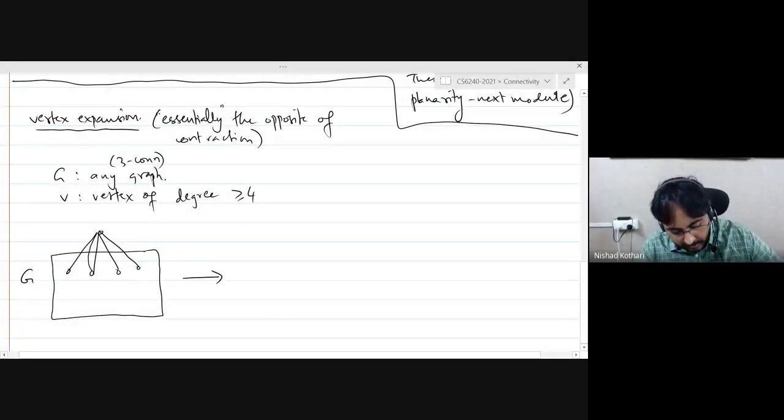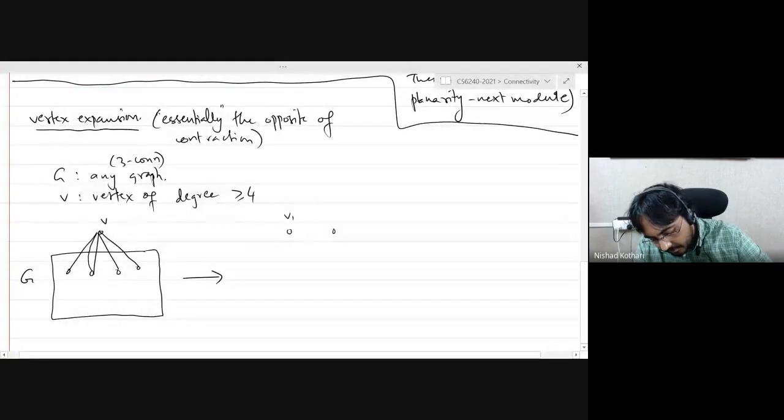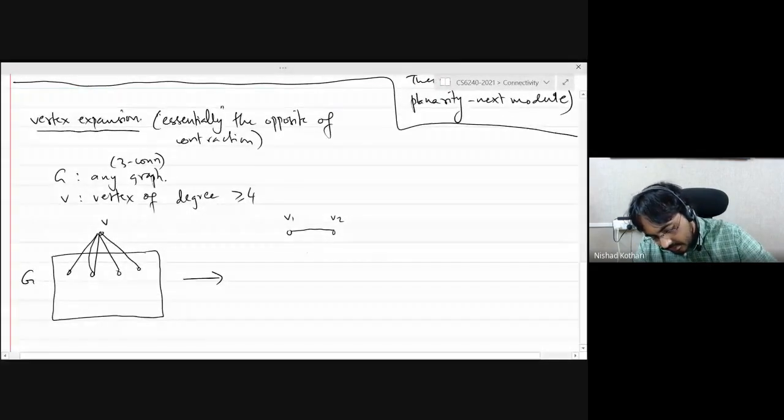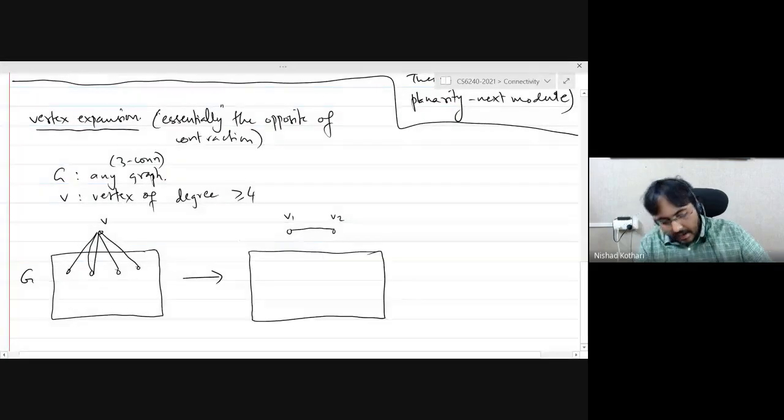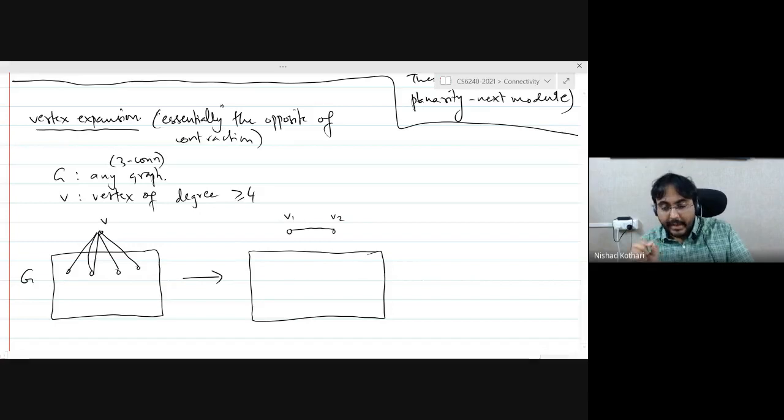So what we are going to define is splitting this vertex. We will replace this vertex by two vertices, V1 and V2. We will join them by an edge. And now all of the edges that were incident at V will now be incident at either V1 or at V2, with the additional restriction that each of V1 and V2 should have at least three neighbors.